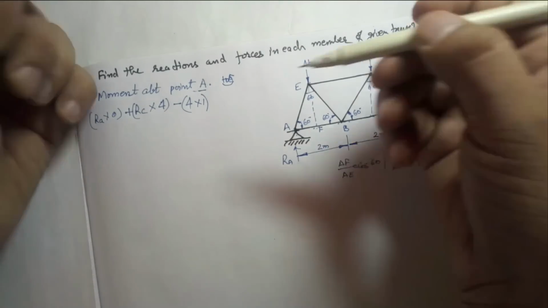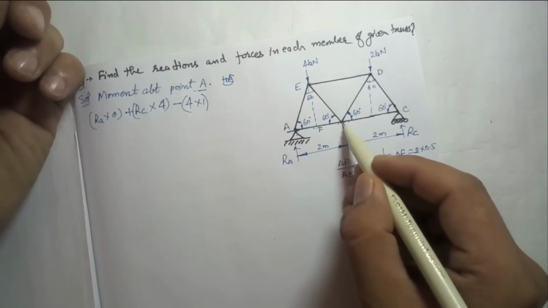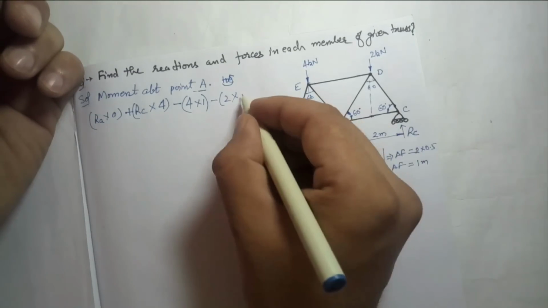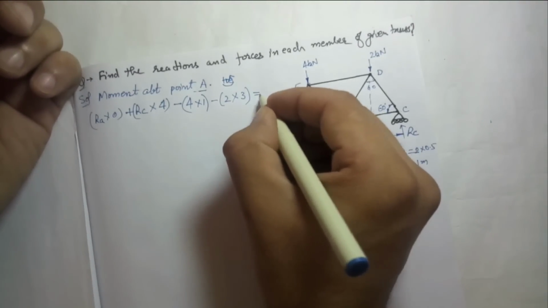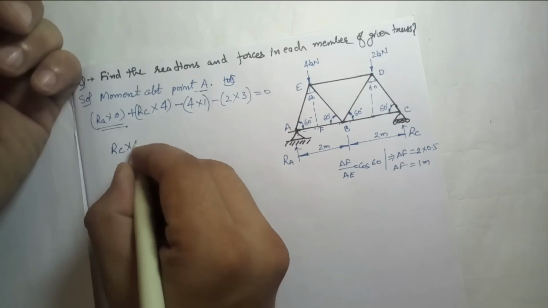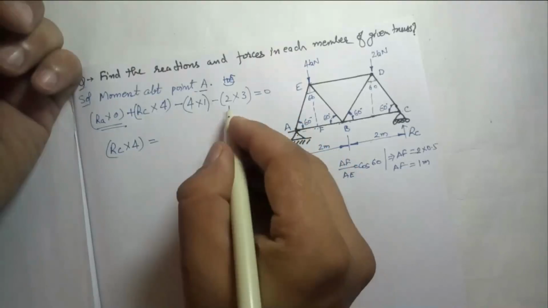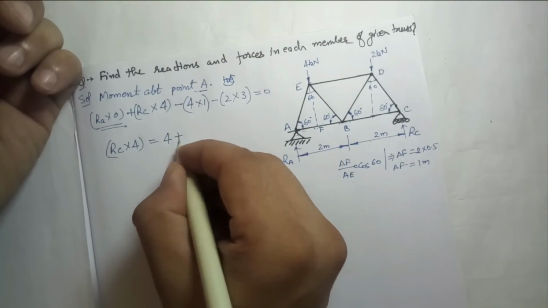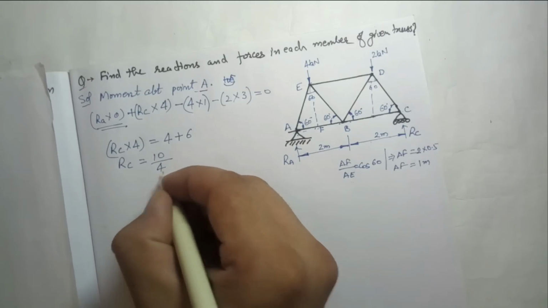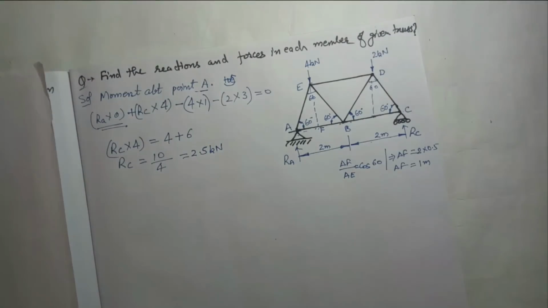Again 2 kilonewton clockwise, and the distance is 2 plus 1, 3, so minus 2 into 3, equal to 0. So RC into 4 equals, moving to that side, 4 plus 6, so RC is equal to 10 by 4, which comes to 2.5 kilonewton.